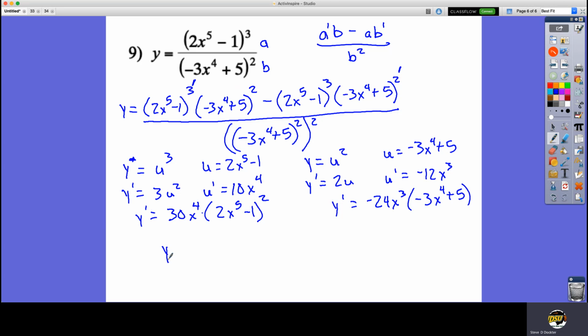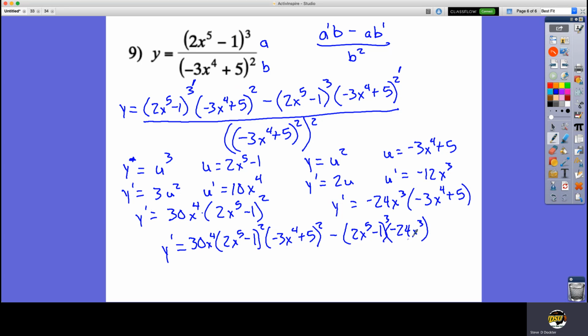All right, so y prime equals this first one, squared, times the bottom one, minus the top one, all over the bottom squared.